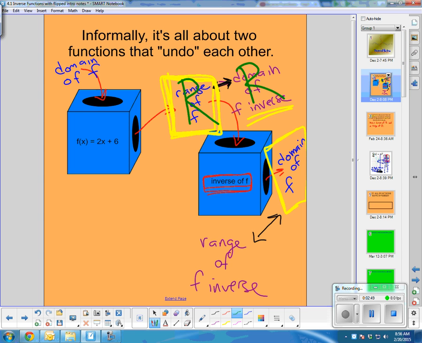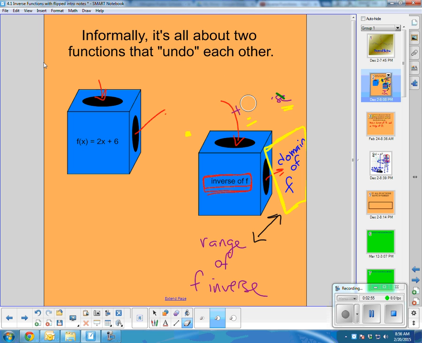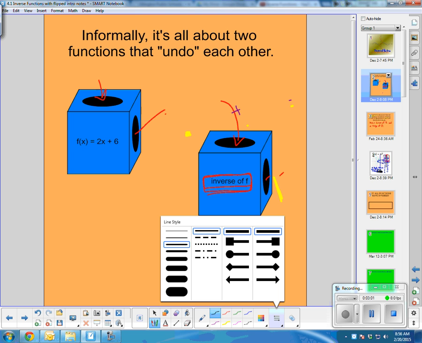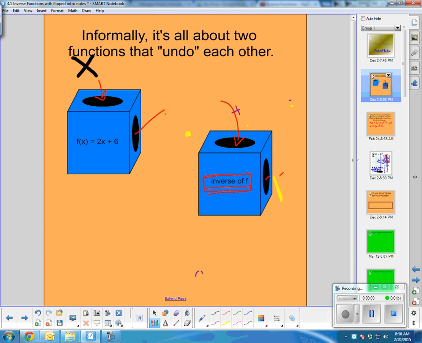And that goes all the way back to this picture that we started with, where, if I erase these, this mess that we were talking about when we were talking about domains and ranges. But the big idea, once again, is that if I take some x, put it into f, get out a y, and take that y, the whole idea of the inverse is that undoing, and I get my x back.